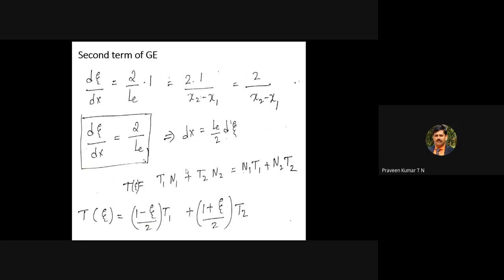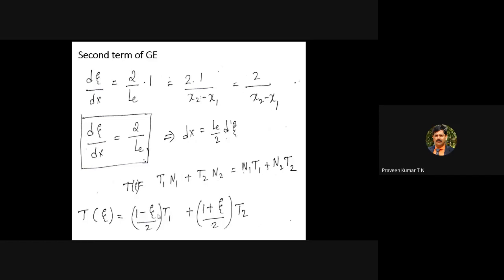If you want to know the temperature at any point within the element other than the nodal points, instead of fine tuning the mesh, or going from a coarse mesh to a finer mesh, without doing any complete finite element process, just by using the interpolation function, we can get the temperature at any point within the element by using the shape functions N1 and N2.